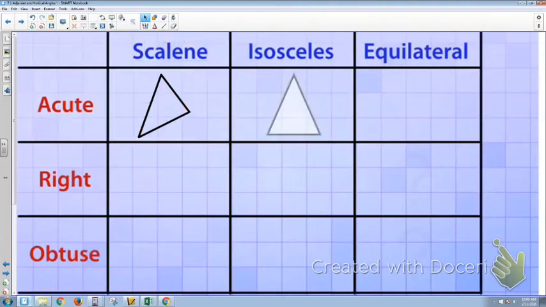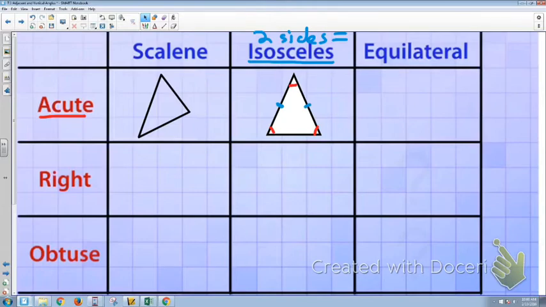Let's take a look at the next one here. This one's called an isosceles acute. And the reason we call this an acute, same idea. It's an acute, meaning all angles are smaller than 90. But here's the interesting thing about isosceles. Isosceles triangles are triangles whose, we would say, 2 side lengths are equal. 2 of the side lengths are equal to each other. So, an example, this side length is the same as this.